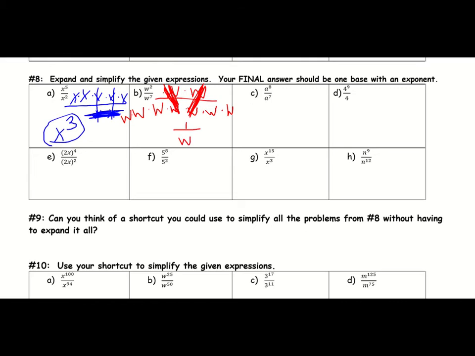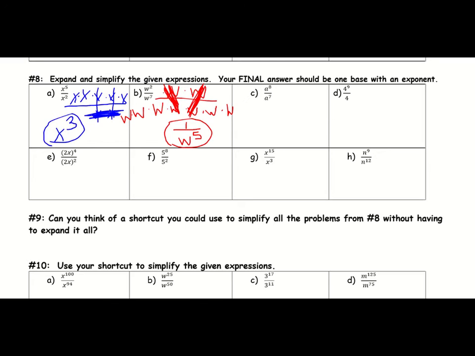So over w to the fifth. So this one I had more w's on the bottom. So the top became a 1, and then w to the fifth was what was left on the bottom. In A, there was no 1 over because the top had more.